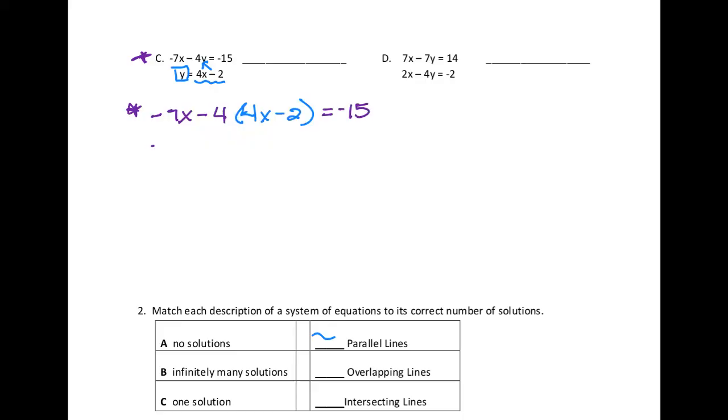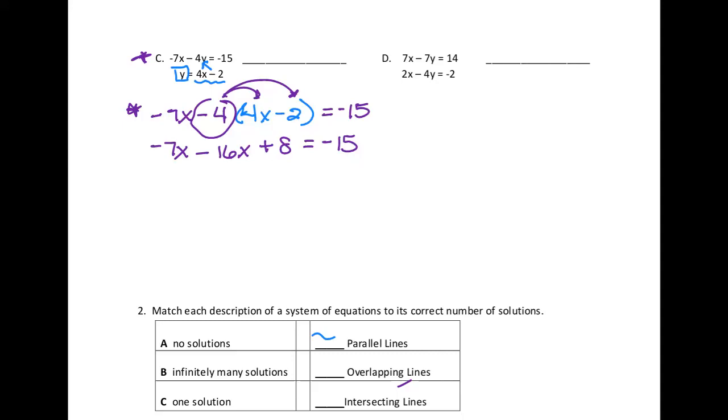Okay? So negative 7x, I need to distribute that negative 4 with everything on the inside of just the parentheses. So negative 4 times 4x is going to be negative 16x. Negative 4 times negative 2 is going to be positive 8, and that's equal to negative 15.